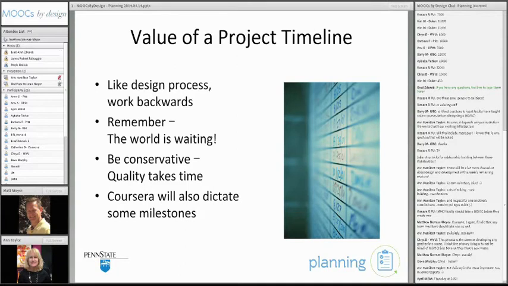We're talking about disappointing 35,000 or 100,000 people. So we really wanted to be conservative in our time estimates. We wanted enough time to develop quality materials, and we had to recognize that expected and unexpected things would happen.